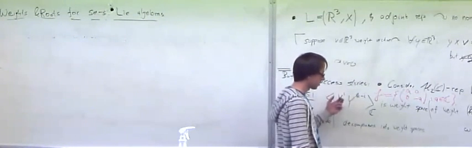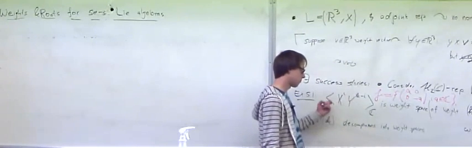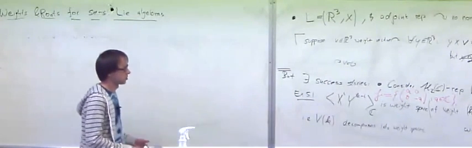So this is what I mean by a success story. So now somehow we can hope to get insight into the representation just by studying the weight spaces, because every vector is a linear combination of weight vectors. So this is good.